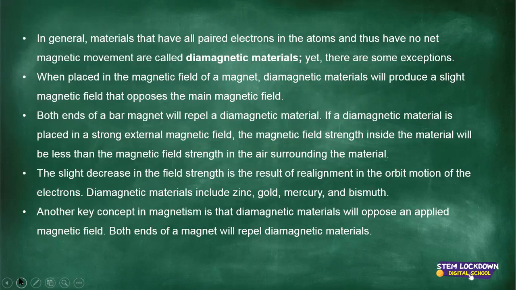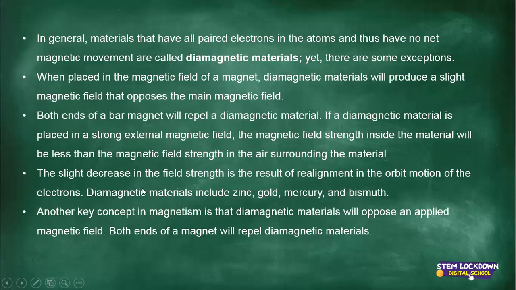When a diamagnetic material is placed in a strong external magnetic field, the magnetic field strength inside the material will be less than the magnetic strength in the air surrounding the material. The most important thing to know is that the strength inside the material will be less, and the field strength in the air surrounding the material will be more.